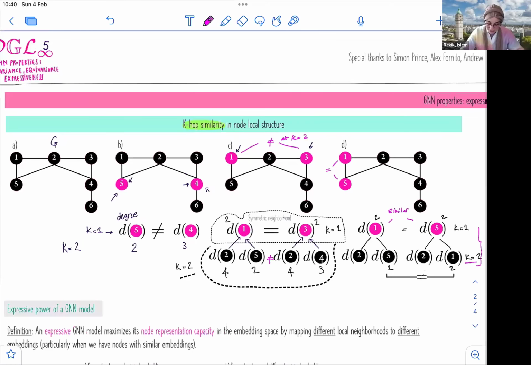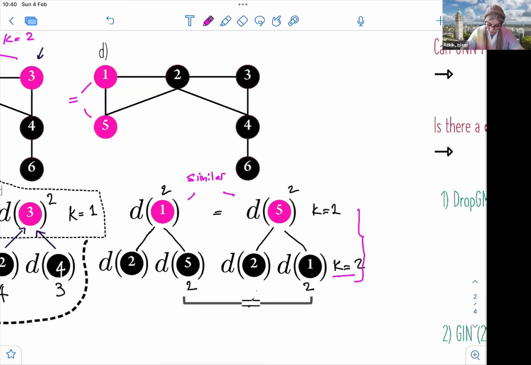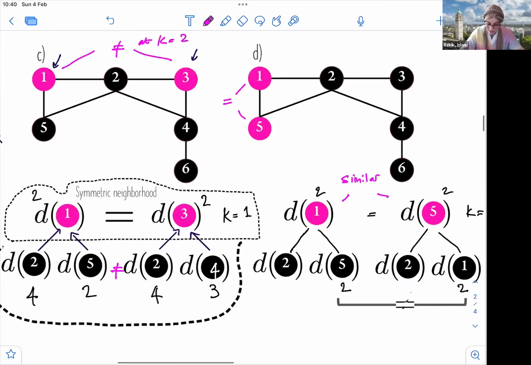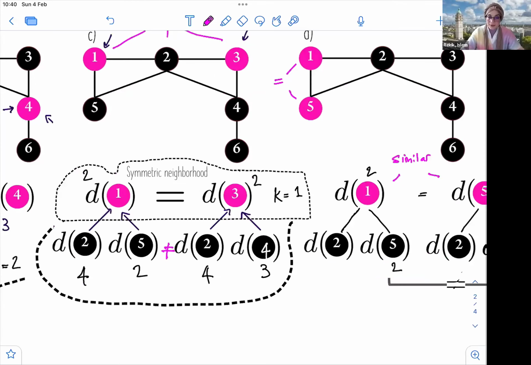So you don't want to have the case where similar neighborhoods get the same embedding, or the other way around, where you have actually different neighborhoods. Okay, so get same embedding. So you don't want basically nodes 1 and 3 here to be mapped to the same output somehow.